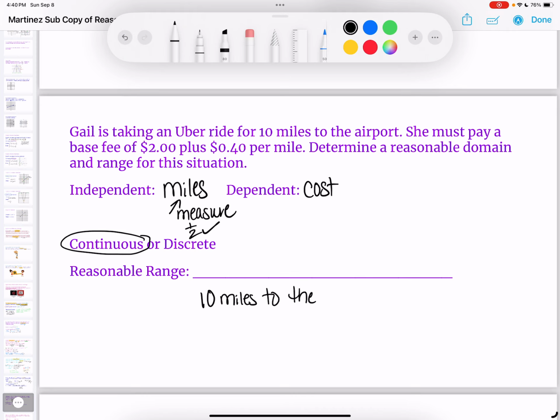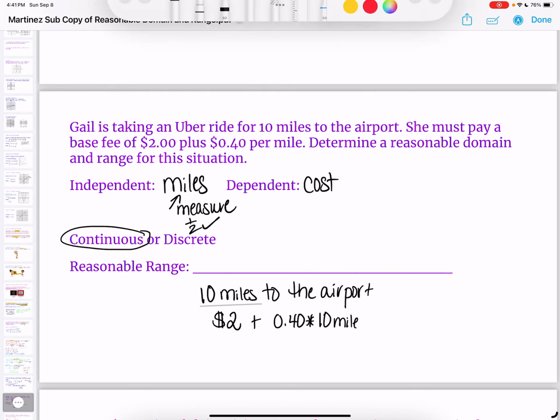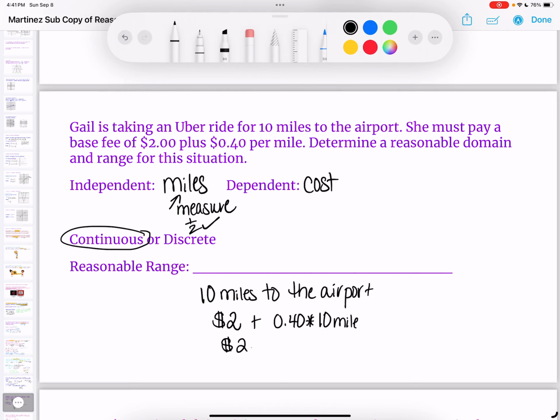Okay, so if it's 10 miles, it's going to be $2 plus 40 cents times the 10 miles. So it's going to be $2 plus this times this is 4. So the most she could spend is 6, right? We're going to assume Gail's going to go all the way, but let's say she wants to walk the last half mile, right? She essentially could.